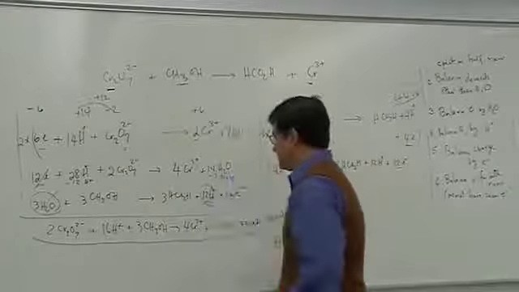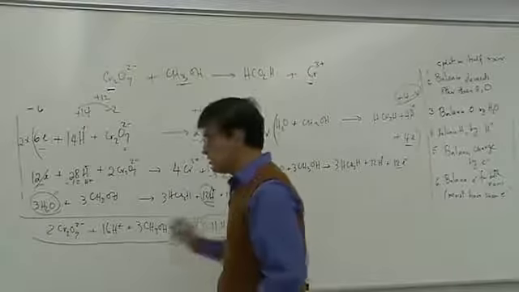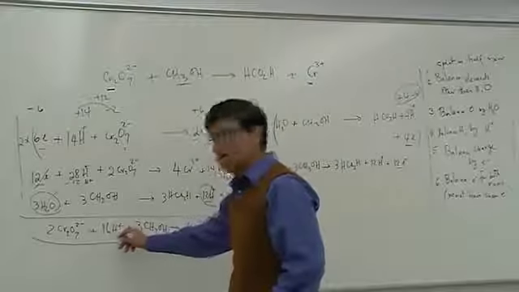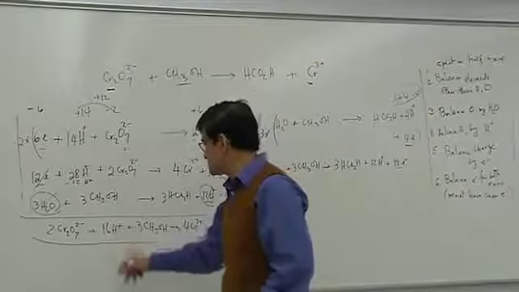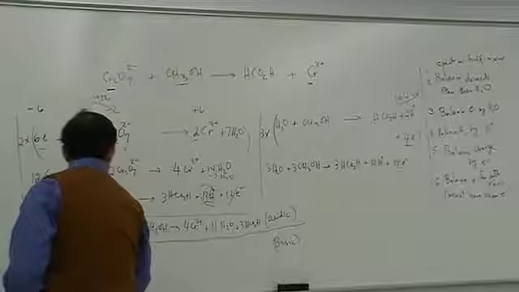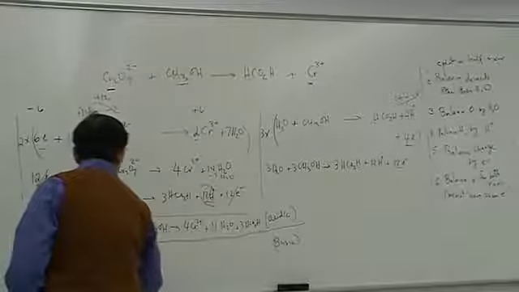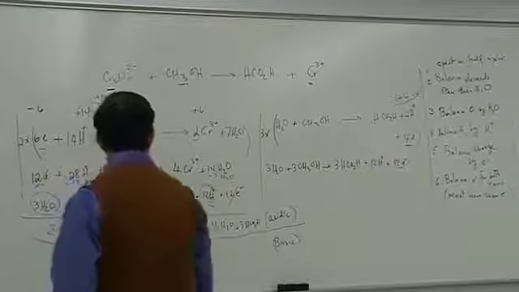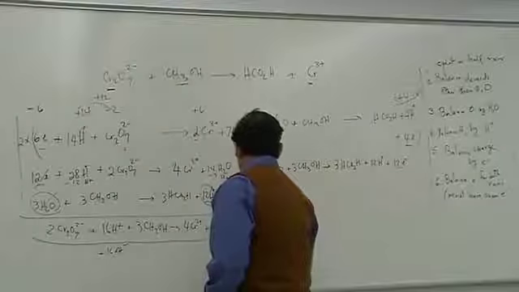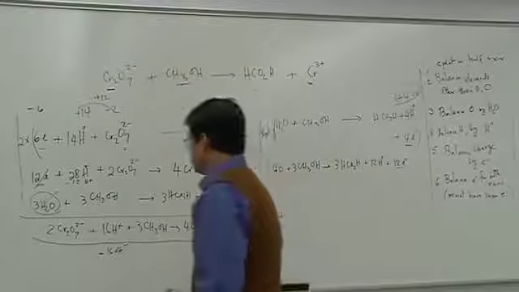In order to get the basic, you must have overall OH minus. If I see 16H plus, like in this case, we need to add 16 OH minus. So add 16 OH minus to change it to basic, and it has to be on both sides. 16 OH minus.